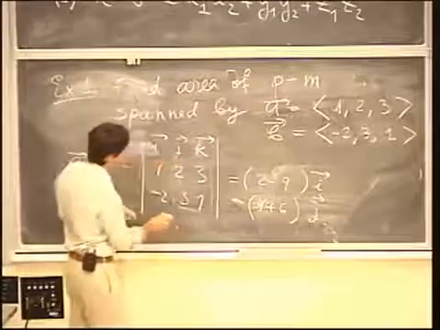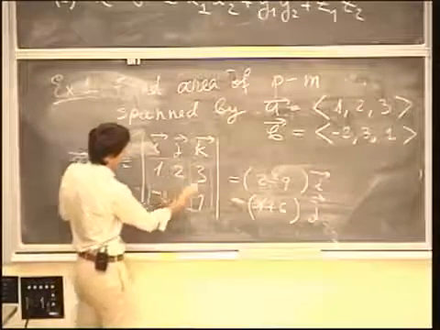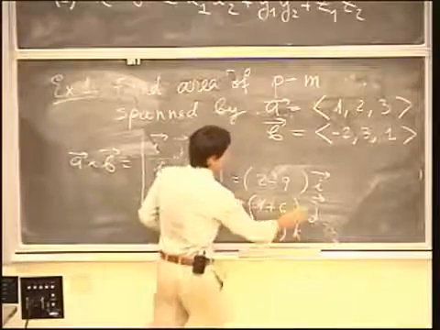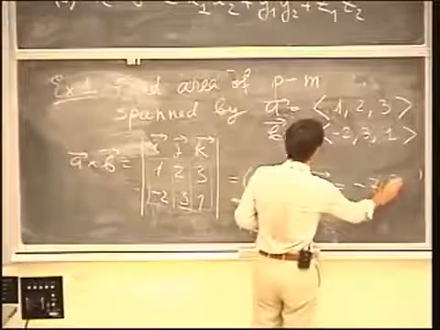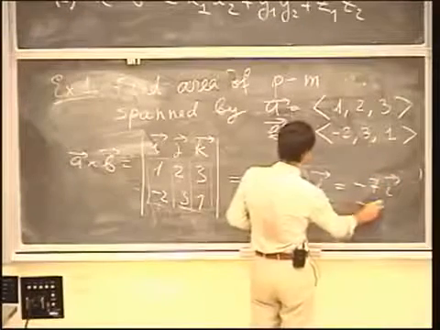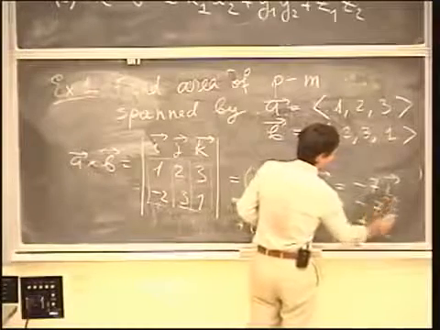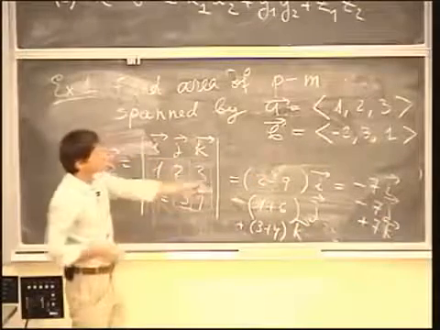Okay? And finally, in front of K, you have this, 3 plus 4. So that's -7I, minus 7J, plus 7K. Okay? So that's the cross product.